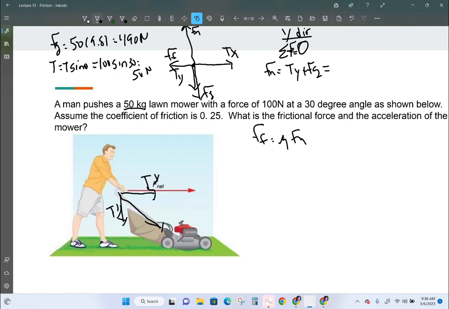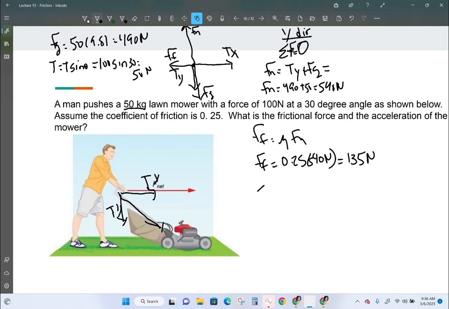So Fn is going to be equal to 490 plus 50, or 540 newtons. So FF is simply going to be equal to 0.25 times 540 newtons, which is 135 newtons.